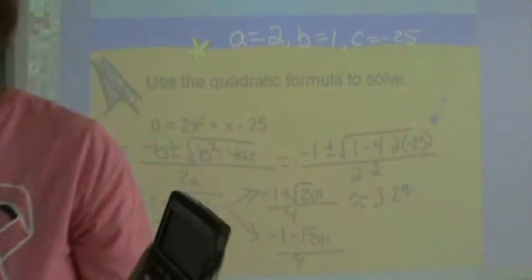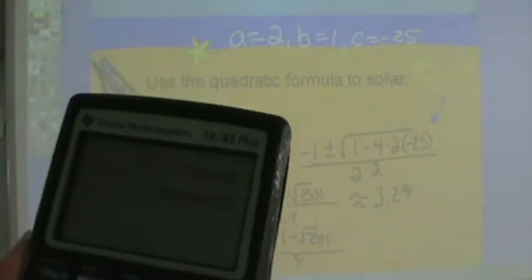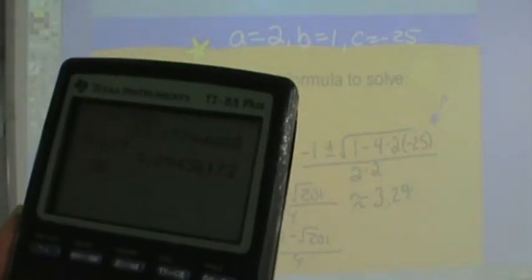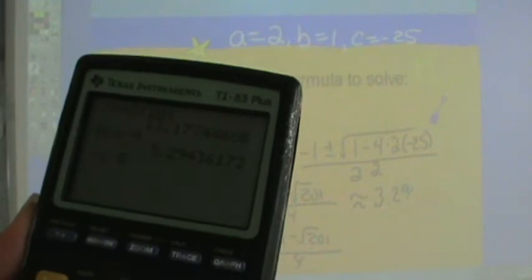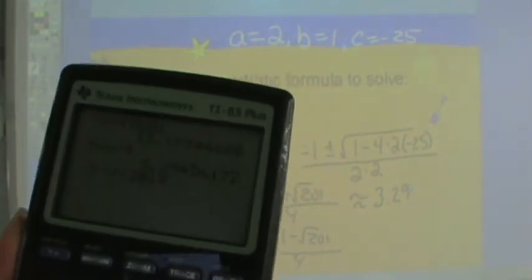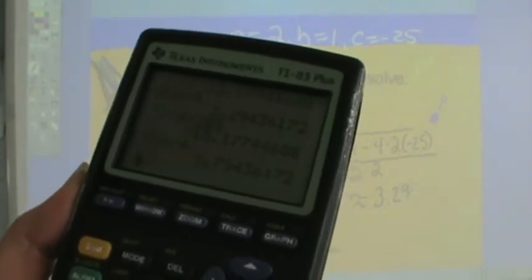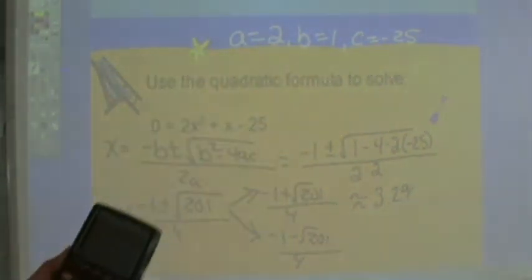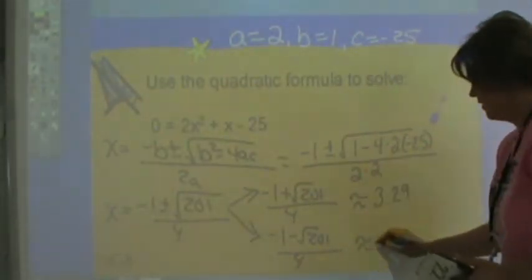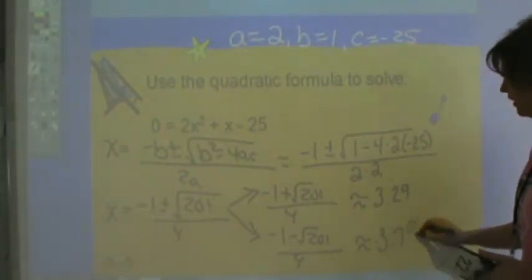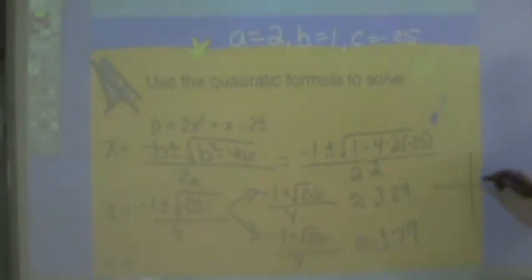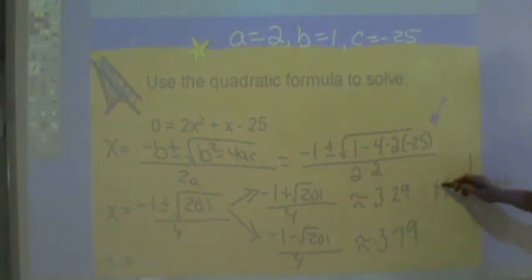Then I'm going to do the same thing again, but negative 1 minus the square root of 201, and then divide that by 4. So we get about negative 3.79. What that's saying is if we were to graph that, it crosses at about there and about there. So we're just finding the x-intercepts but in a different way.